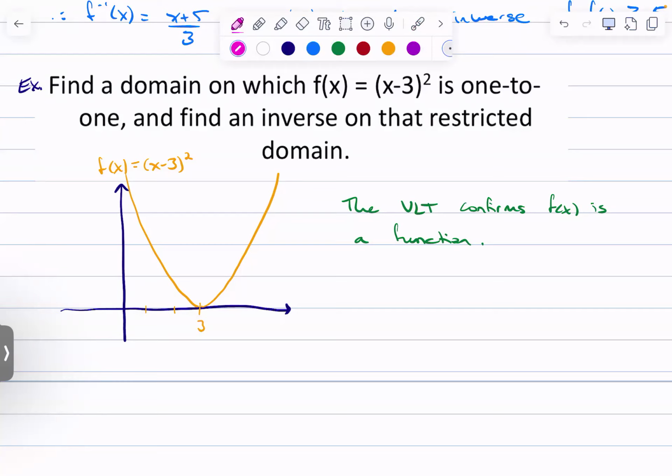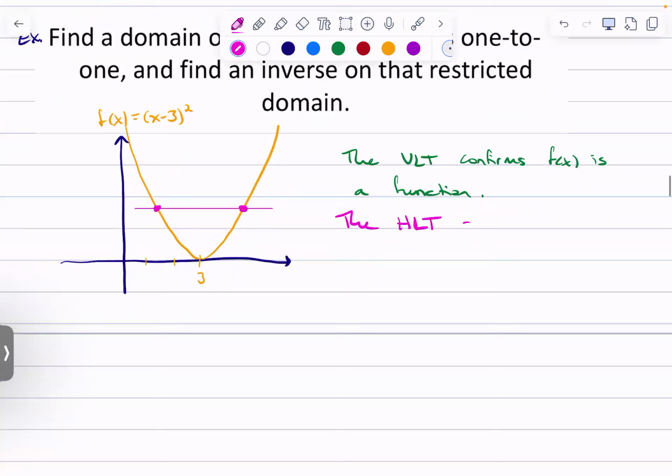So now if I draw horizontal lines, the HLT, the horizontal line test, shows f(x) is not one-to-one.